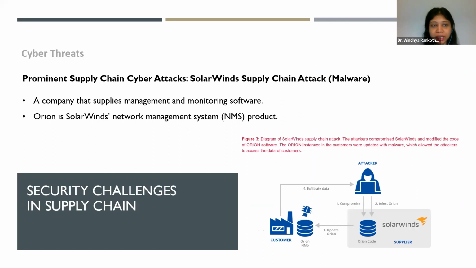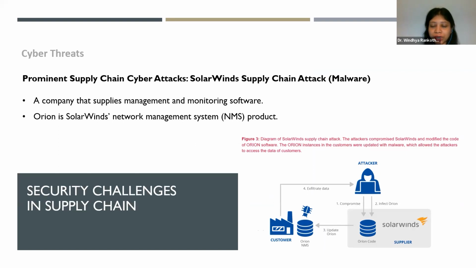So here I am presenting three prominent supply chain attacks that we have seen in the very recent past. One is the SolarWinds supply chain attack, in which an attacker used malicious software or malware to attack a very popular software called SolarWinds Orion, which is a network management system used by very big companies.